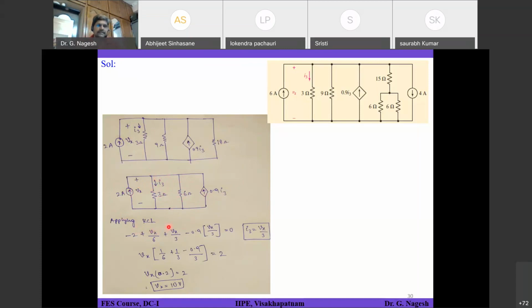So I am applying KCL. As I have already told you, KCL means the sum of incoming currents is equal to the sum of outgoing currents, or the algebraic sum of currents flowing into a node is equal to 0, or the algebraic sum of currents flowing out of a particular node is equal to 0.